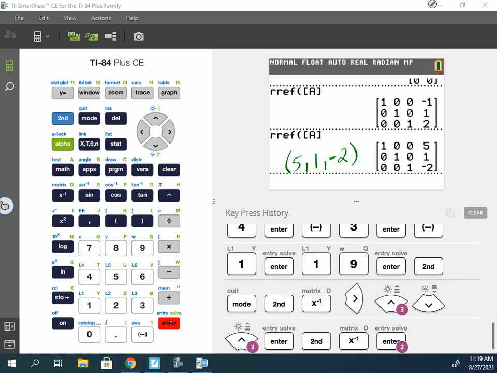Questions on this here? Good? We can look at one more.